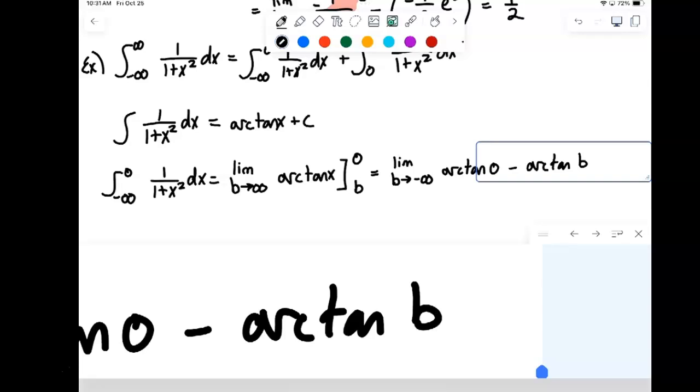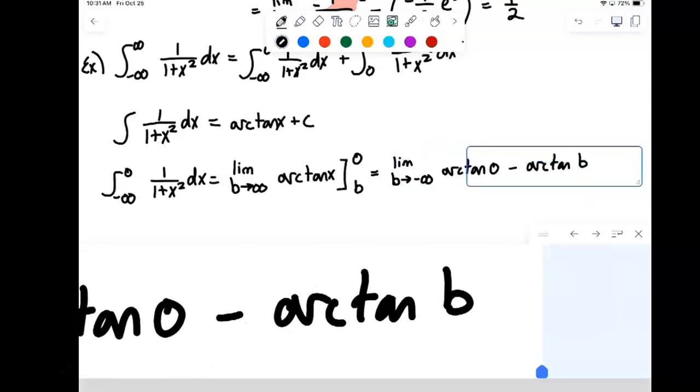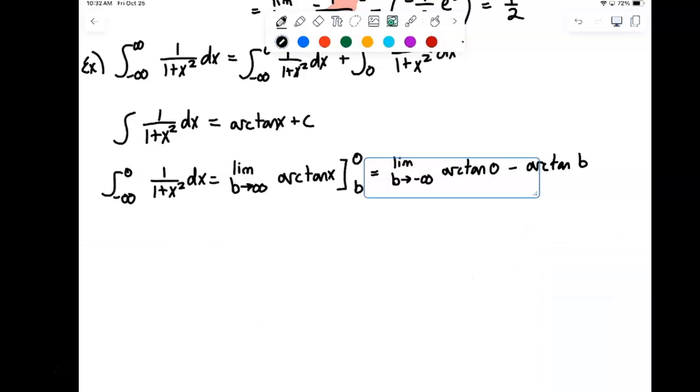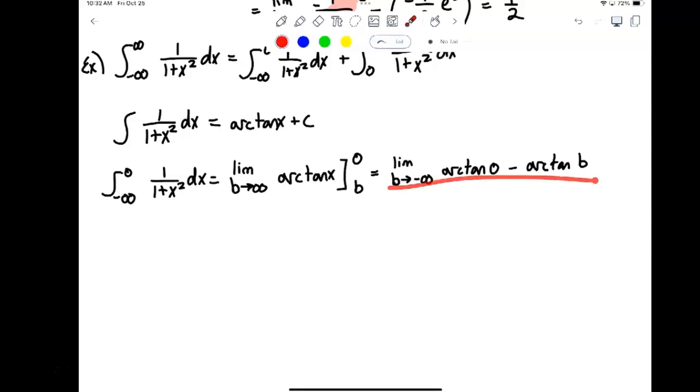Now, to compute this, what happens to arctan of b as b goes to negative infinity? Okay. What's happening to that? Well, to answer that question, we need to review what the arctan function is doing. To talk about arctan, I'm going to first go back to the basic graph of the tangent function.